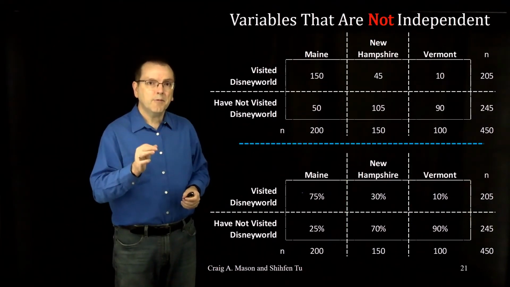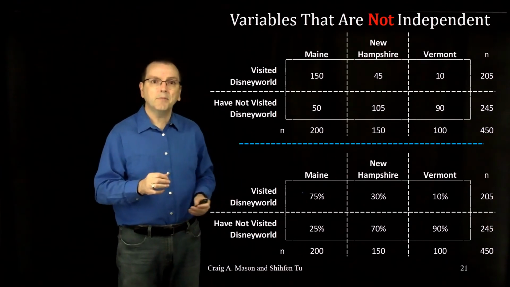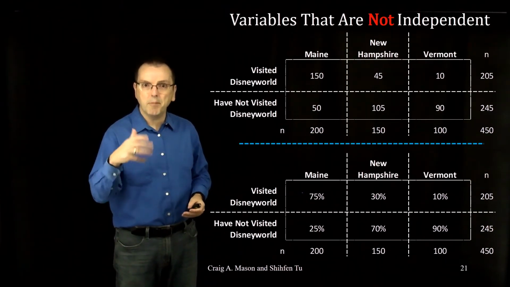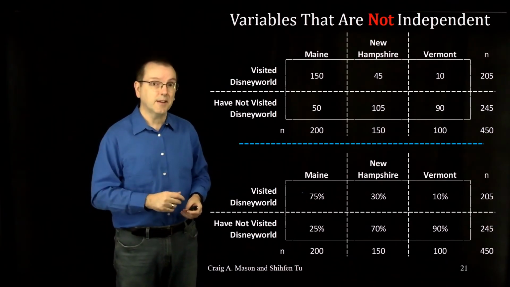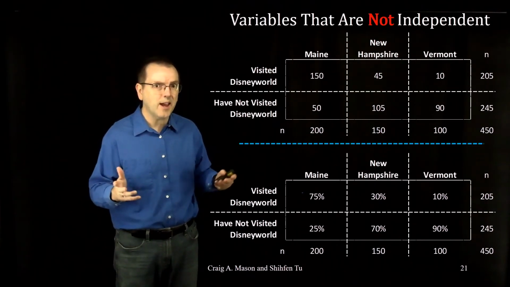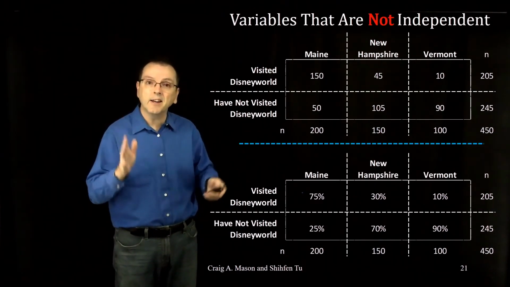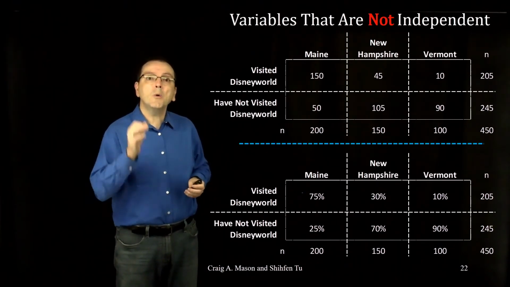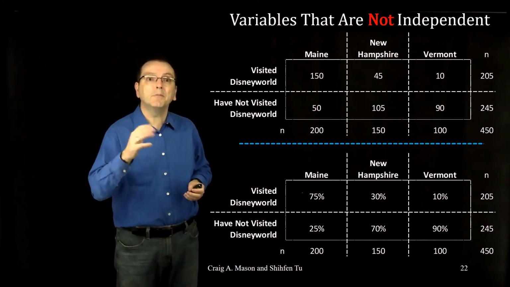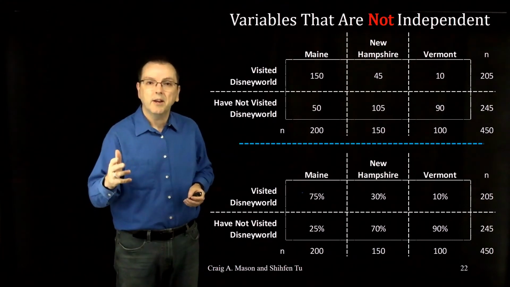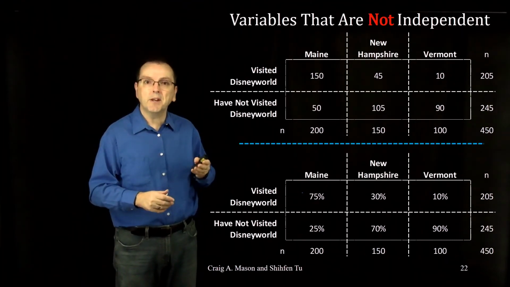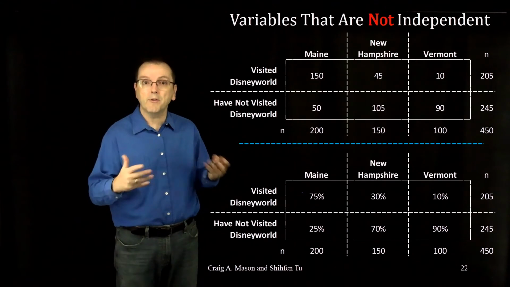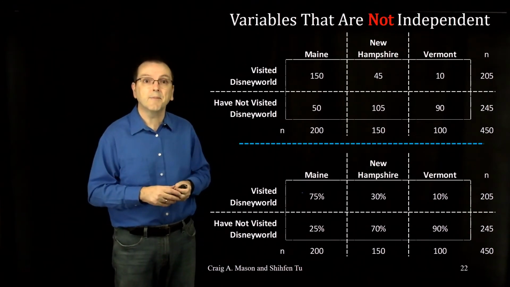The group you're in for the state variable does influence the probability that you visited Disney. They're no longer the same. They're not independent. In this case, knowing something about one variable, which state you're in, does tell you something about the other variable, whether or not you have visited Disney.